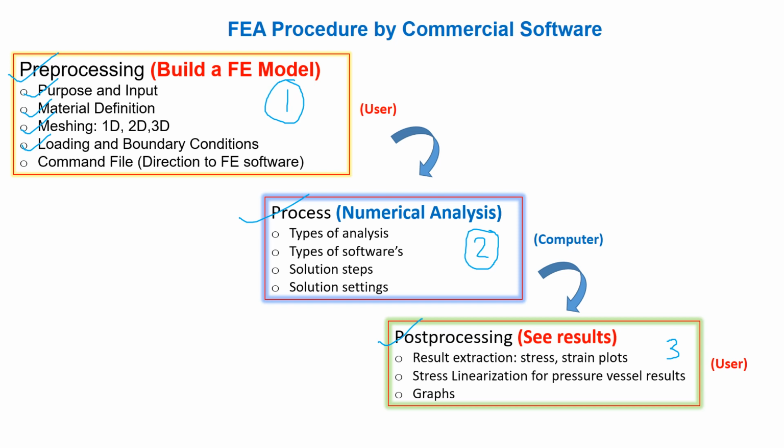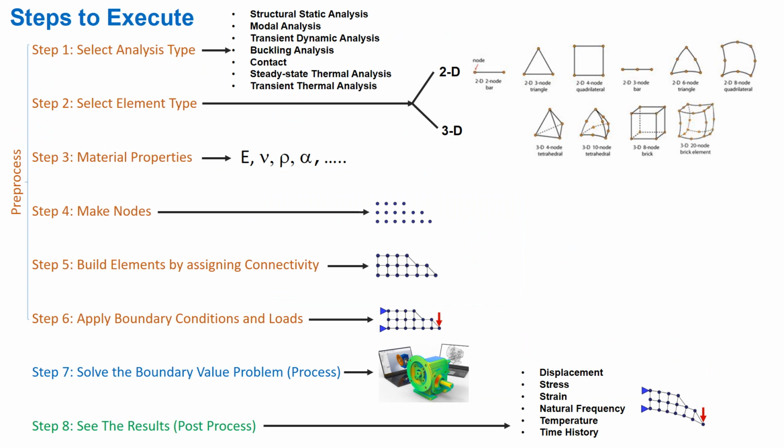In the next slide we can get much more detailed idea, while the entire process is discussed through steps. Step 1, select the analysis type, what sort of analysis you want to do for a particular material or model. Select element type, 2D or 3D, and material properties: elastic modulus, Poisson's ratio, density, coefficient of thermal expansion.